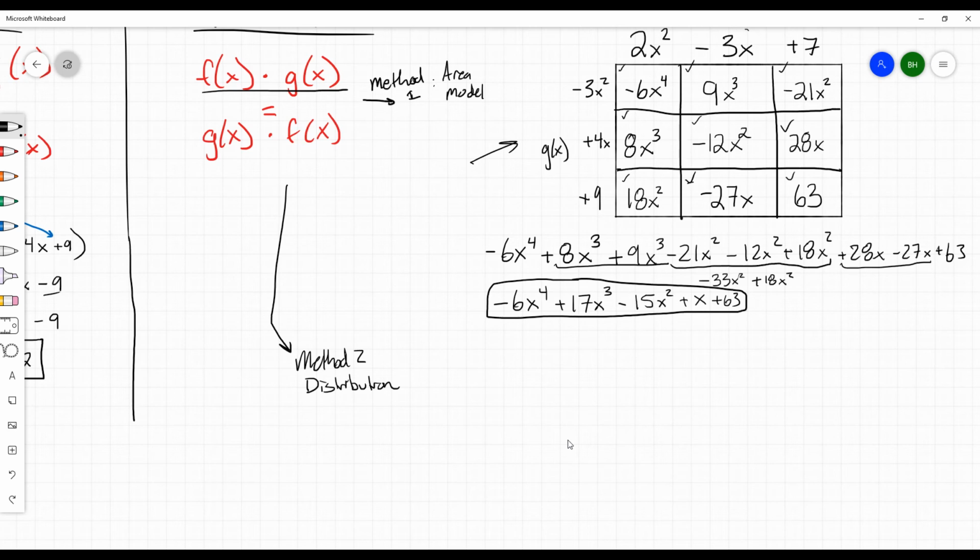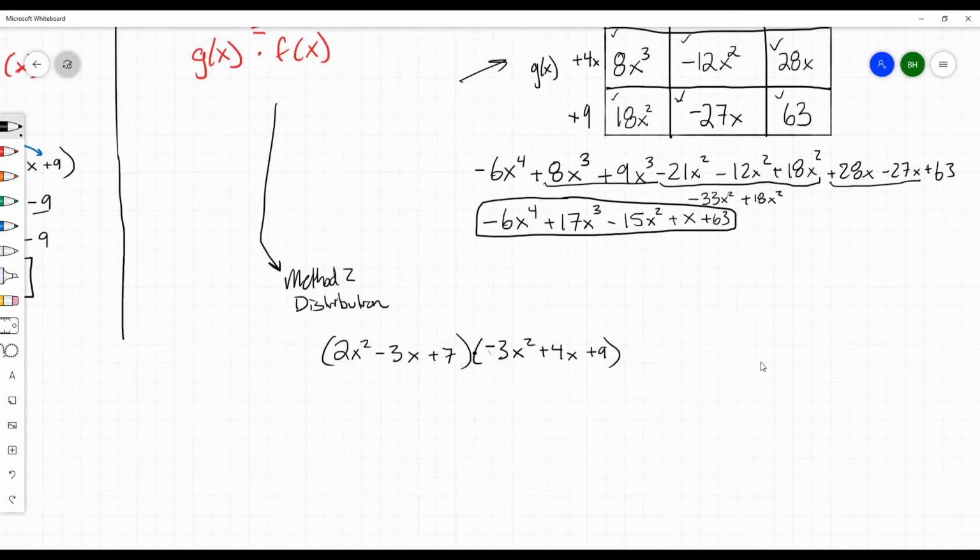So we'll do f of x times g of x, which means we'll have 2x squared minus 3x plus 7 multiplied with, and I'll just put them both in sets of parentheses, negative 3x squared plus 4x plus 9. And so method 2, when you're just distributing, I like to go one at a time.